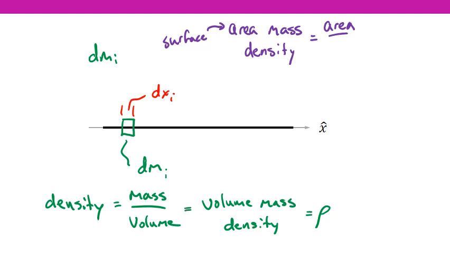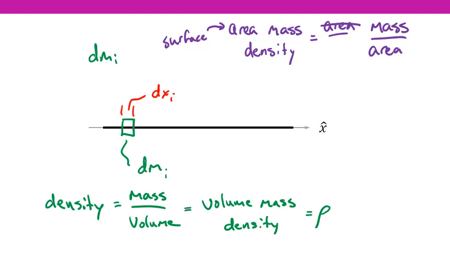This would be mass per area, just like the volume mass density was mass per volume. But if I multiply this by dx, I'm not going to get back a mass. Instead, I'm going to get back a mass per length.